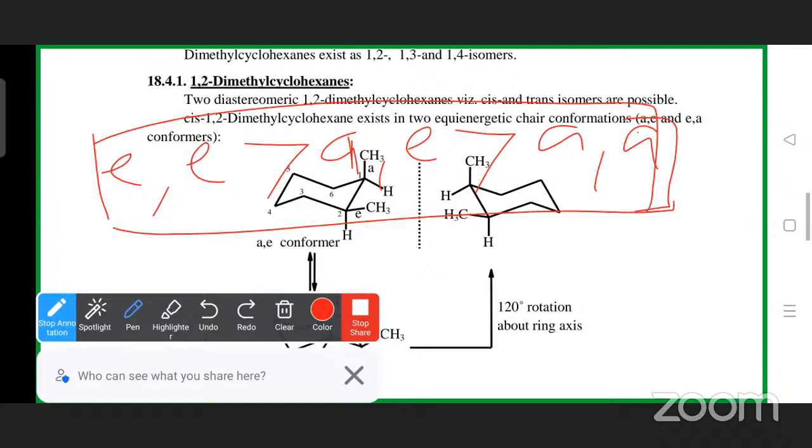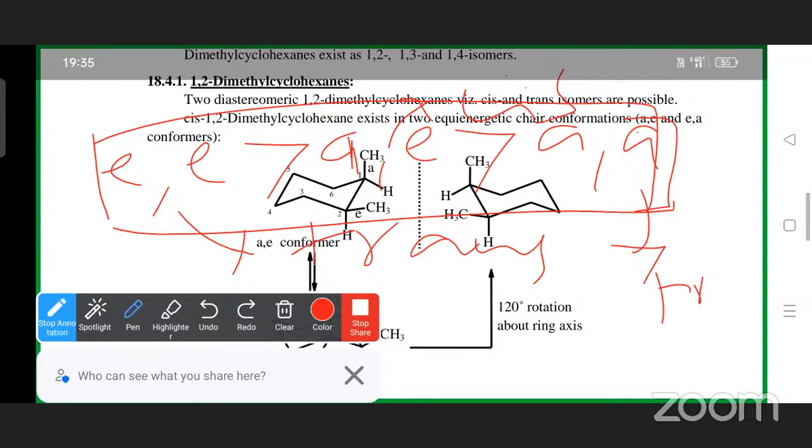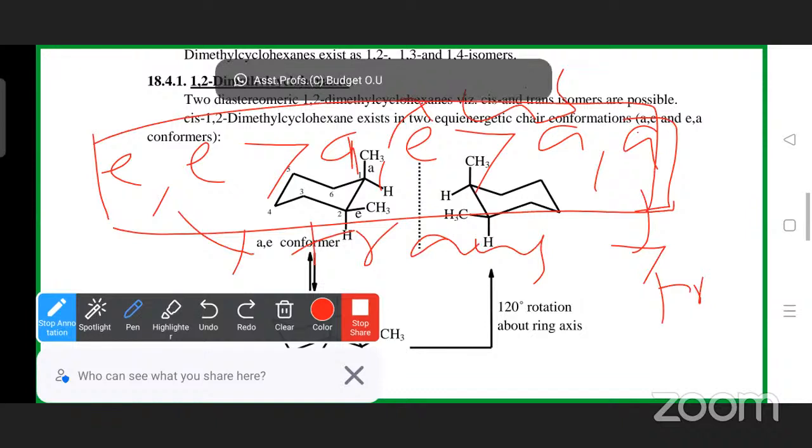Right? So like this is the trans. This is also trans. This is your cis. Okay? Your cis. Okay. Right.